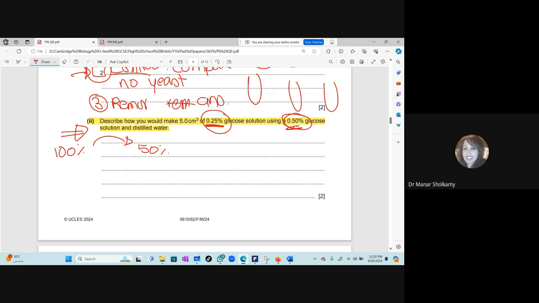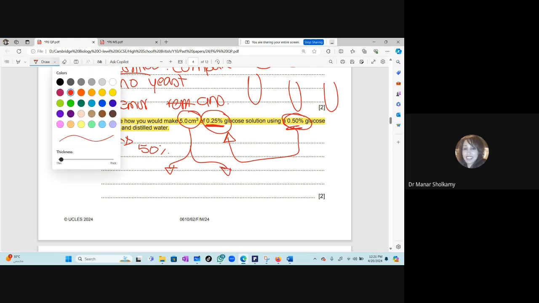I want to dilute it by 50%, so I will add half water, half glucose. All those nine students that sent me this question just did not notice the concentration decrease. They did not notice that it was 0.5% glucose and it has been decreased to 0.25, half and half. So the final volume should be 5 cm³. Half of this volume will be glucose and half of it will be water.